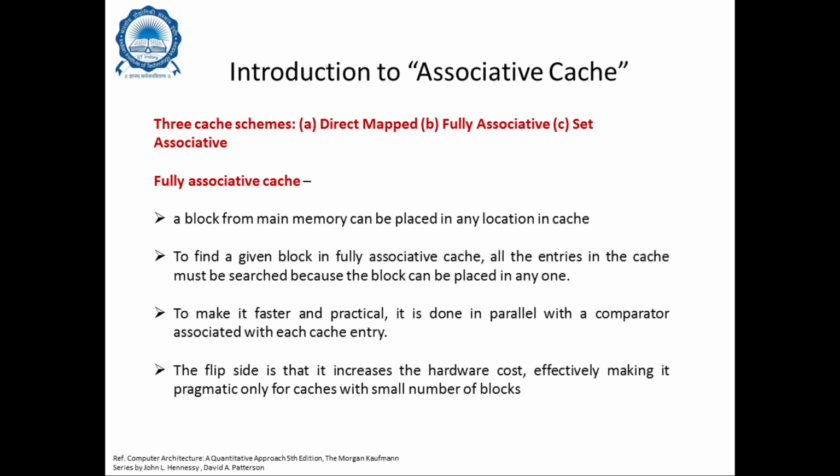The flip side is that it increases the hardware cost, making it pragmatic only for caches which do not have a large number of blocks. Since you have a large number of comparators working in parallel to compare the tag bits, the hardware cost becomes very expensive. Therefore we can only have fully associative caches with a small number of blocks, because otherwise the number of comparators will be extremely large.